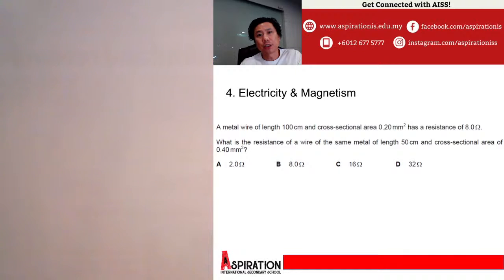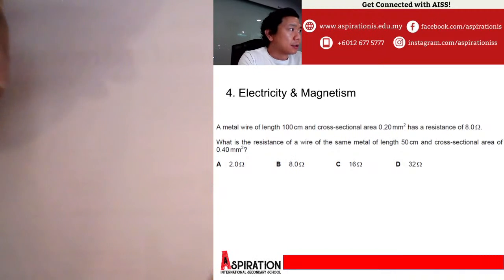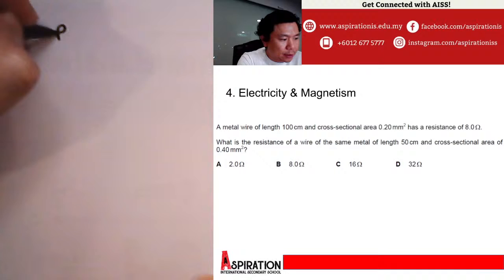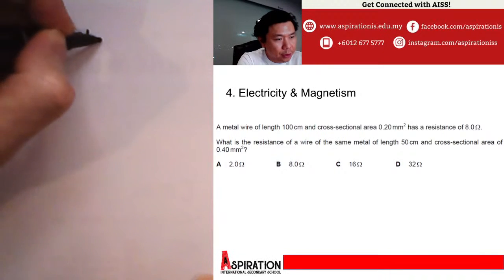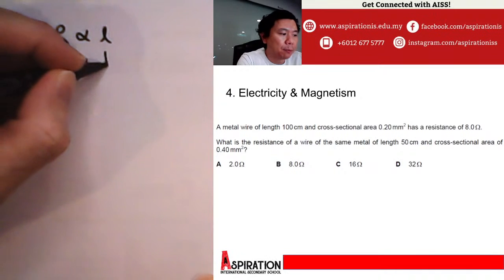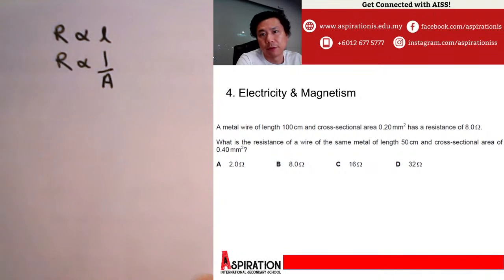So what is the relationship between resistance and the length, and resistance and the cross sectional area? We have resistance directly proportional to the length, and resistance inversely proportional to the area. So let's look at this question.